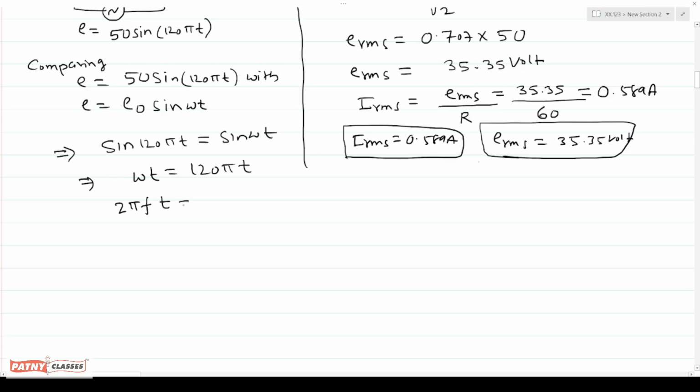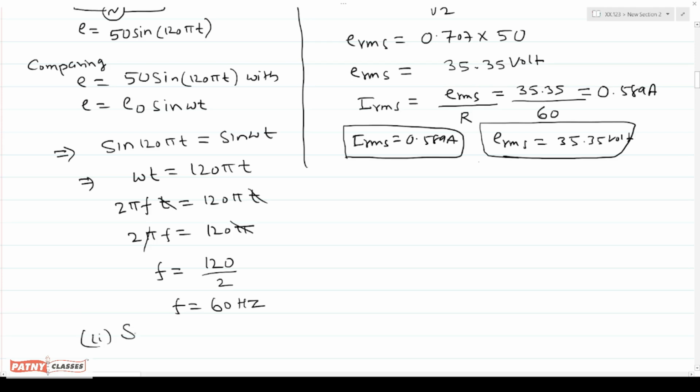So 2 pi ft equals to 120 pi t. Both side t cancelled. So we have 2 pi f equals to 120 pi. Pi also get cancelled both sides. So we get f equals to 120 upon 2. F equals to 60 hertz. Therefore, second part of the question, supply frequency F equals to 60 hertz.